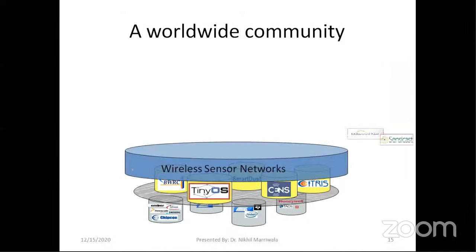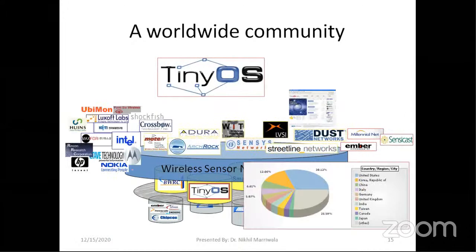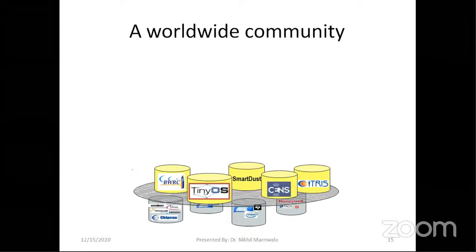I hope you are able to see and understand what I am trying to depict through this particular slide, right? So a worldwide community is talking about wireless sensor networks. If you go back, BWRC, TinyOS, Smart Dust. I think you have heard almost all the names: Atmel, Intel, Honeywell, right?